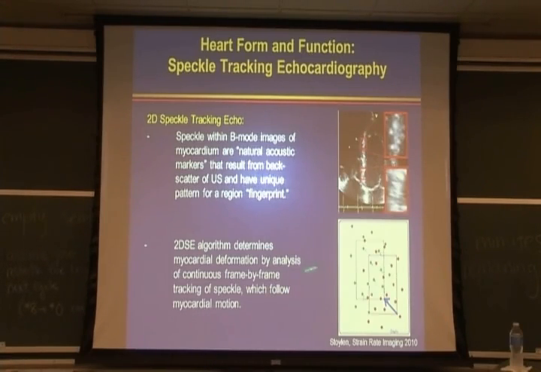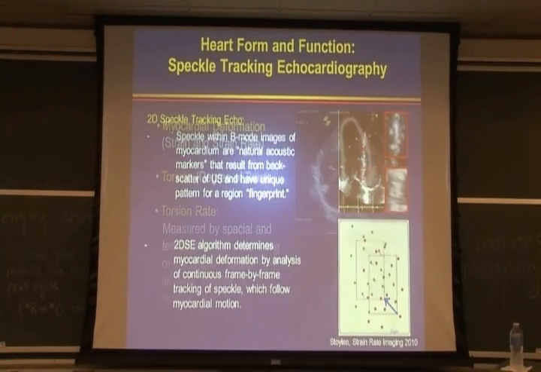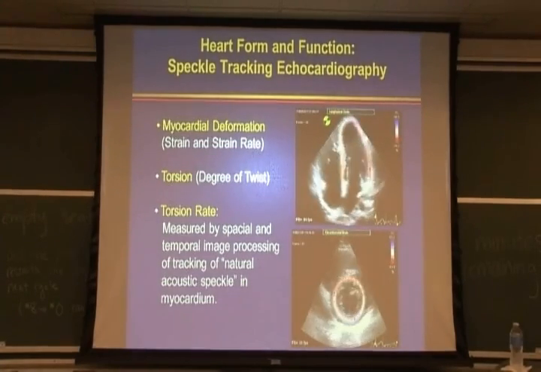By frame tracking of this speckle, we can measure myocardial motion, velocity and deformation. So speckle tracking provides one way of measuring not only myocardial velocity and deformation, but also myocardial fiber orientation, which we can allude to later on.